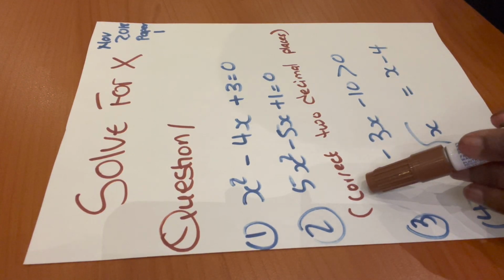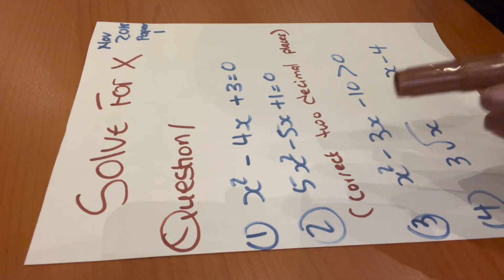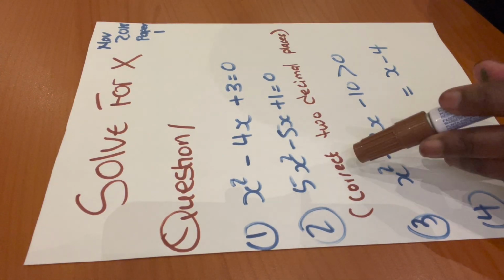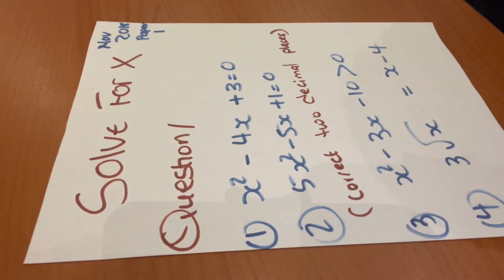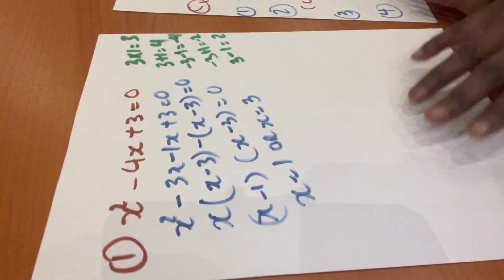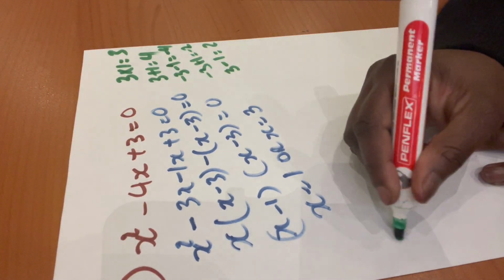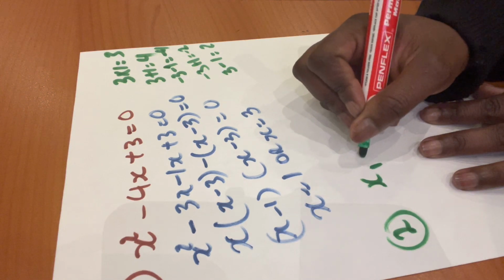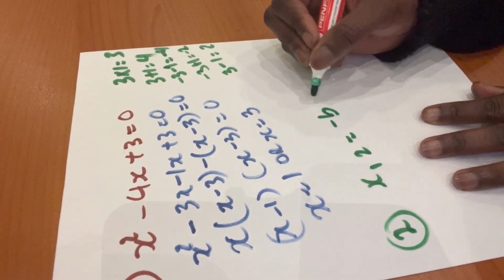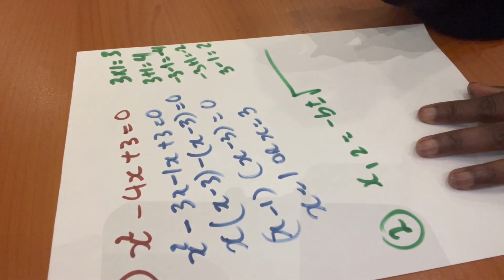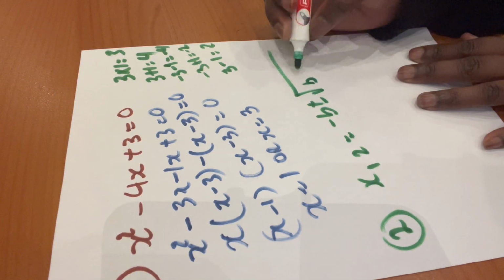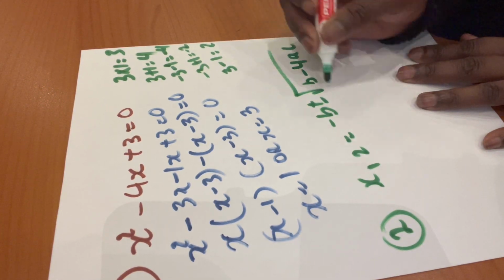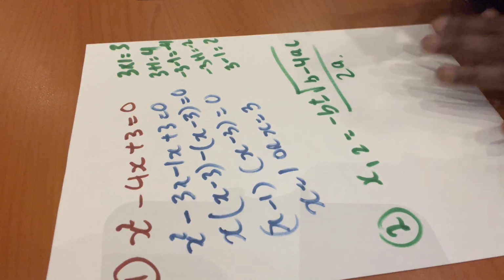Write down your quadratic formula, look for your a, your b, and your c, put them through the quadratic formula and then solve for x. From the quadratic formula we know that x1 and 2 is equal to minus b plus or minus the square root of b squared minus 4ac, divided by 2a.